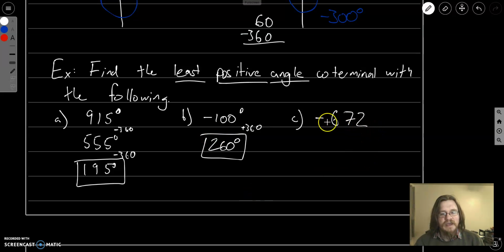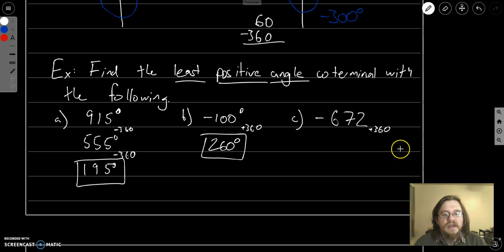Here, if I have negative 672, okay, this is a negative number. I want a positive angle, so we'll end up adding 360 to this.